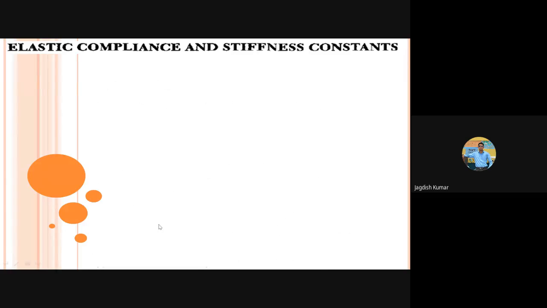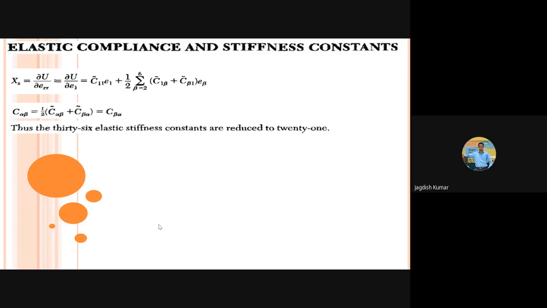So there are total 36 elastic stiffness constants. But then if you apply this constraint that comes because of that matrix itself, you will be in a position to find out that C alpha beta is actually equal to C beta alpha.